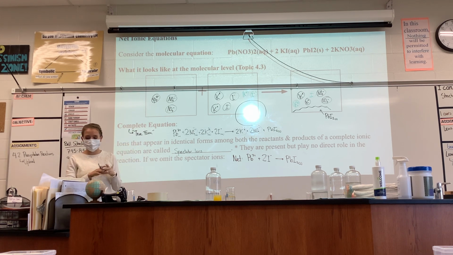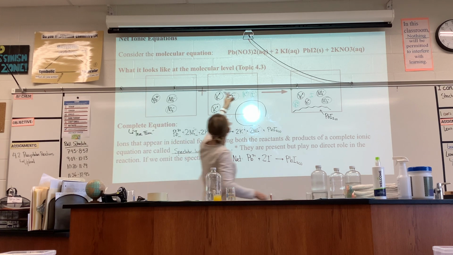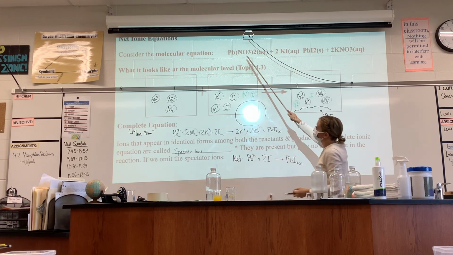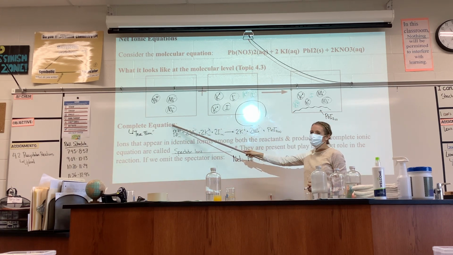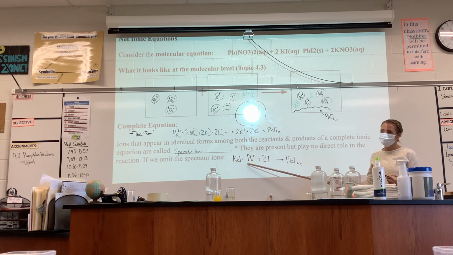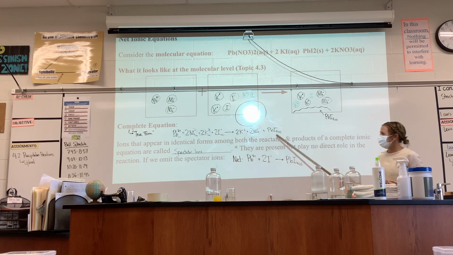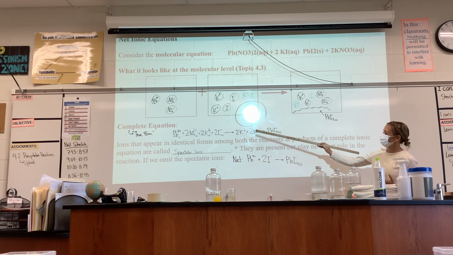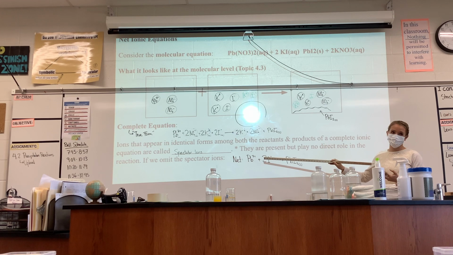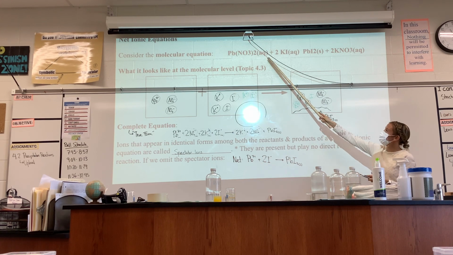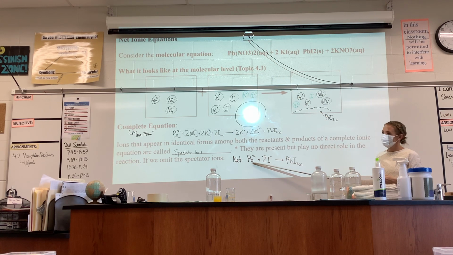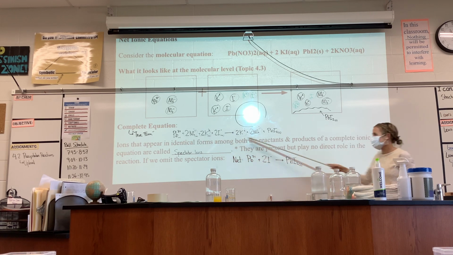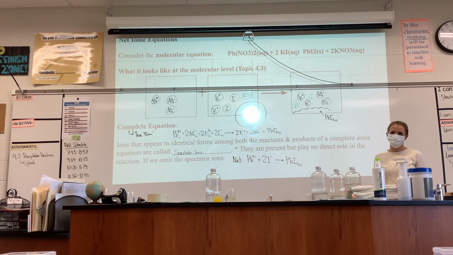Now, we have 3 reactions here, 3 equations. We have the molecular equation, which is this one, the complete equation, and then the net. The complete equation, I guess you could say, is optional. If this helps you get to here, you can write it. But if you can go from here to here, I've never seen a question where they ask you to write out the complete.